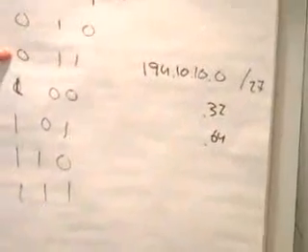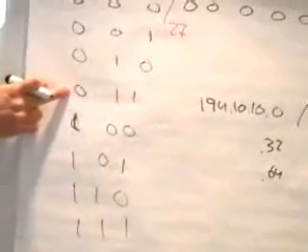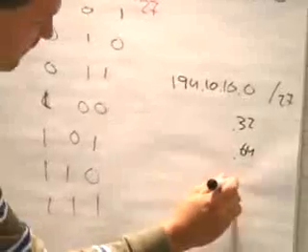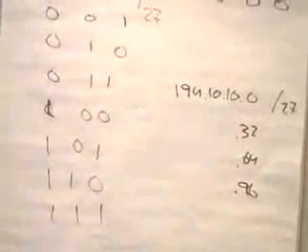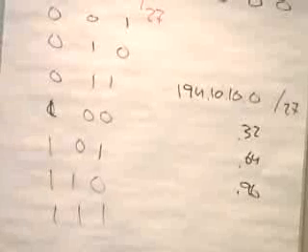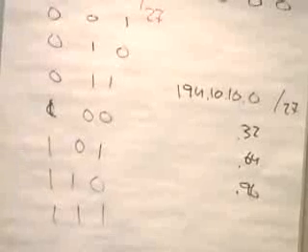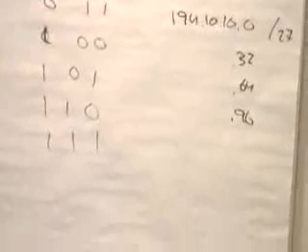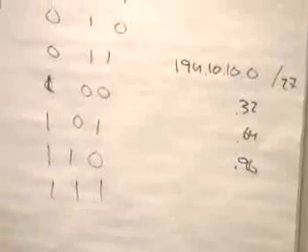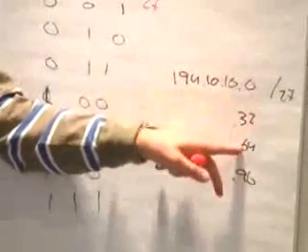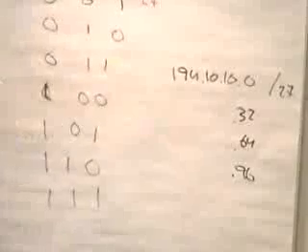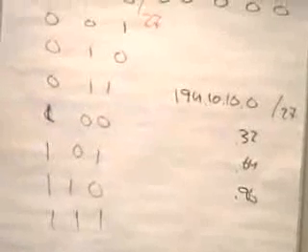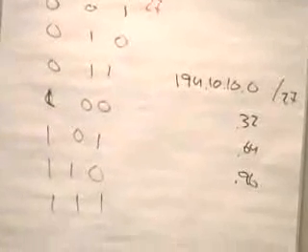Next one. Anyone see any logic in that? You know that IQ test? What's the next number in this series? 32, 64, and 96. There's a difference of 32 between them, right?